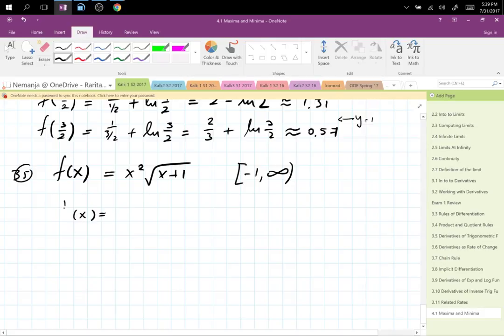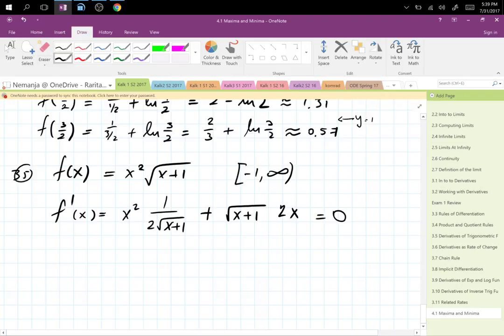So now the derivative is going to be copy the first times the derivative of the second, plus copy the second times the derivative of the first. Now we set this equal to 0, right?